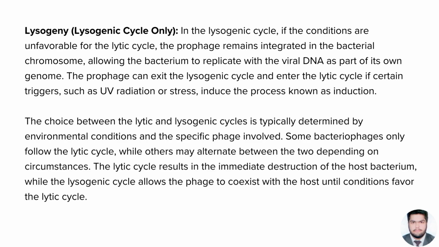The prophage can exit the lysogenic cycle and enter the lytic cycle with certain triggers such as ultraviolet radiation or stress, inducing the process known as induction. The choice between the lytic and lysogenic cycles is typically determined by environmental conditions and the specific phage involved.